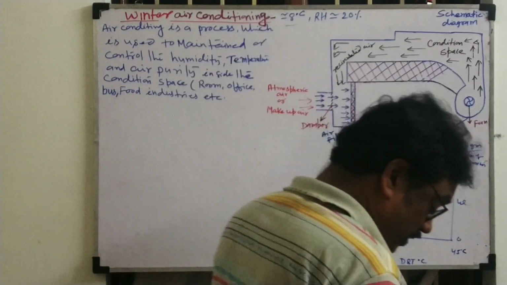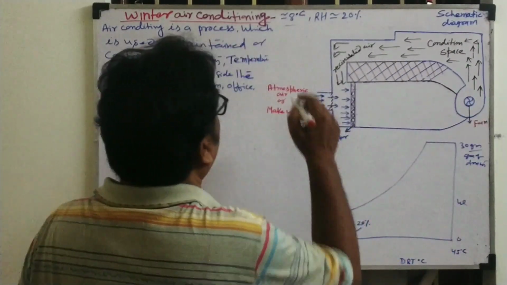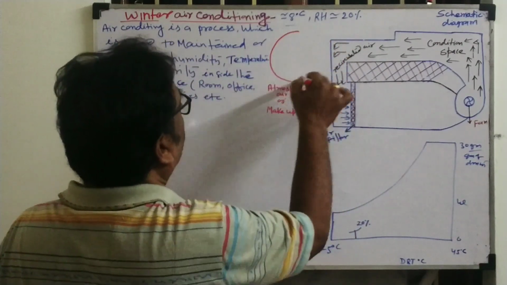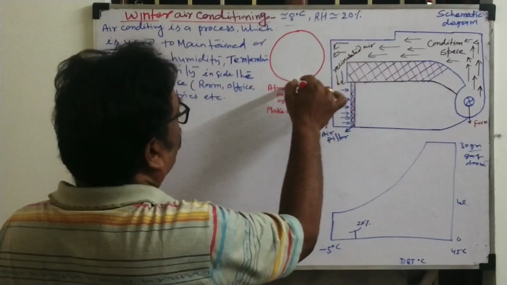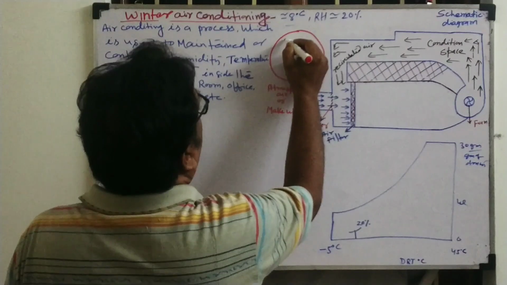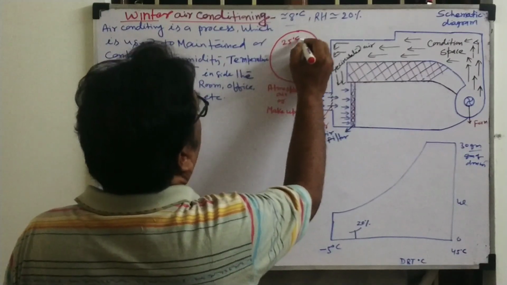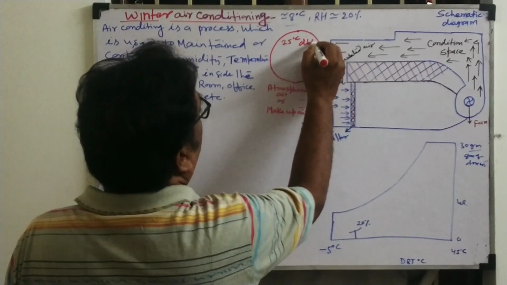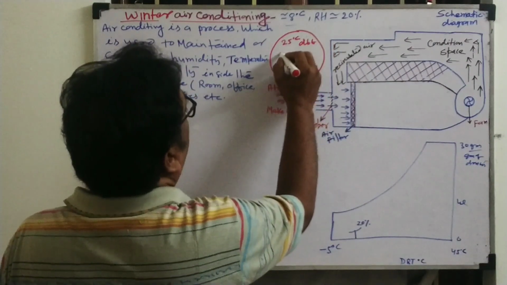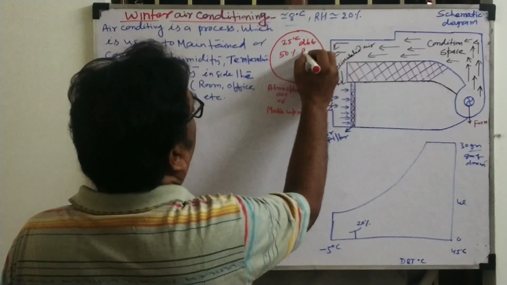Where is our comfort condition? Comfort conditions we already discussed. Now look again, I am writing here comfort conditions. What is it? 25 degrees Celsius dry bulb temperature and 50% RH.